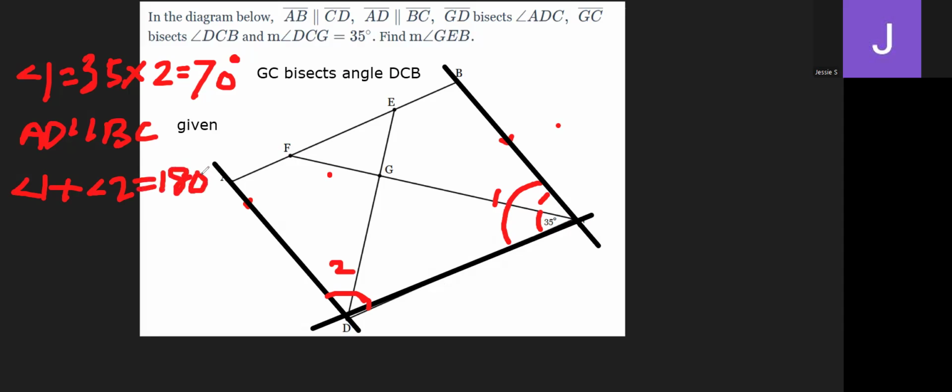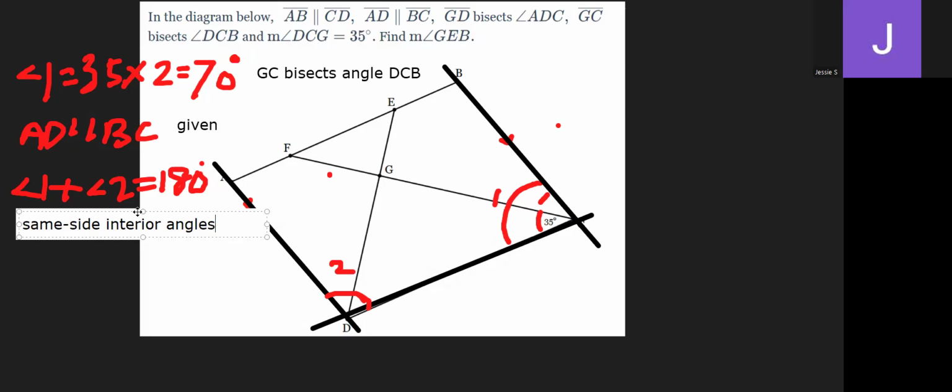How do we know? Because these 2 angles are called same side or consecutive interior angles. Same side interior angles are supplementary angles.